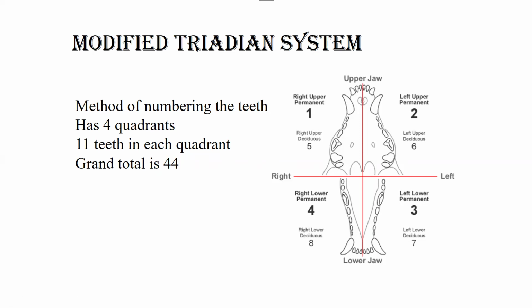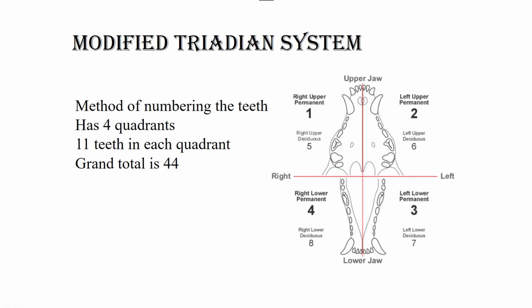To avoid confusion between doctors. If a patient comes to the clinic, and a junior doctor takes the history and sees, let's suppose, that the third incisor has an issue, trauma, fracture, or abscess, and he records it as number 3.